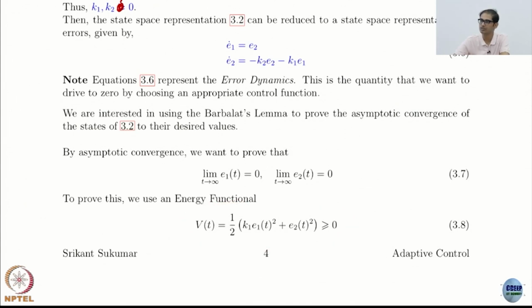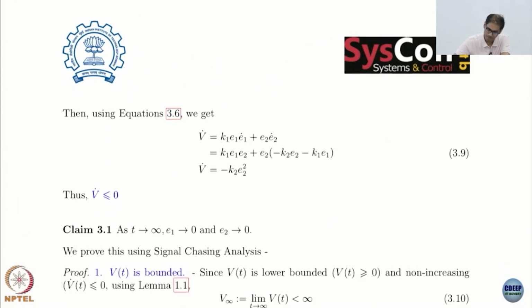This is the energy of the system, because this is the potential energy, this is the kinetic energy, just you know that this is non-negative, right, and then I start taking derivatives along this trajectory, just like we have been doing, okay. What happens? First term gives K1 E1 dot, second gives E2 dot, plug in for E1 dot which is E2, plug in for E2 dot which is this guy, what do I get?